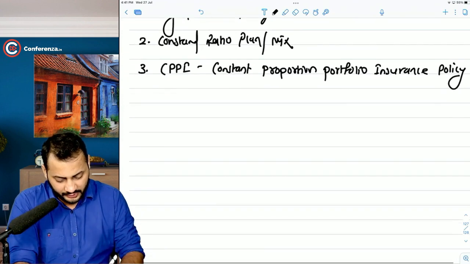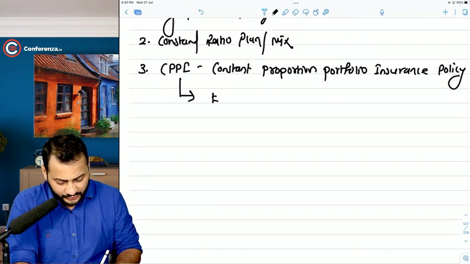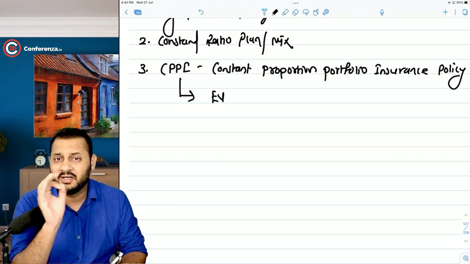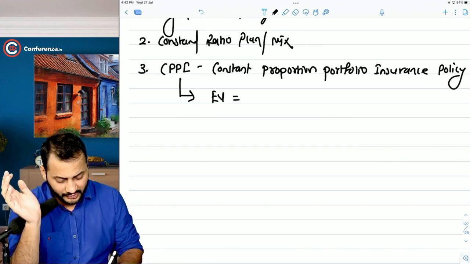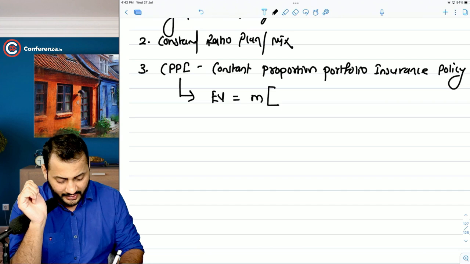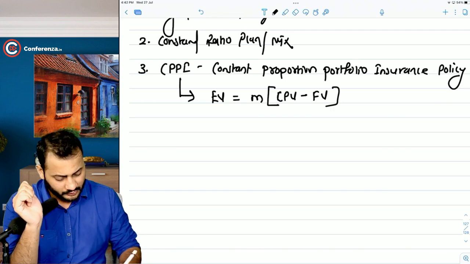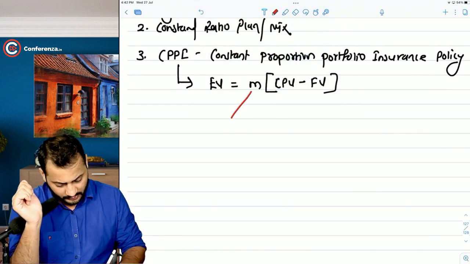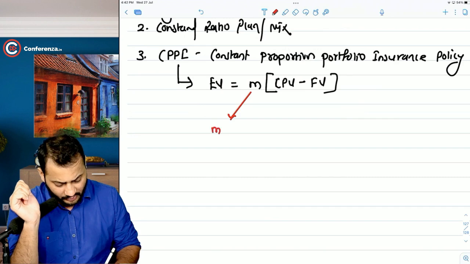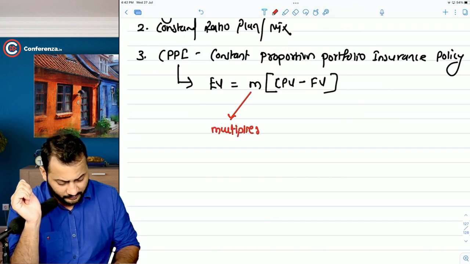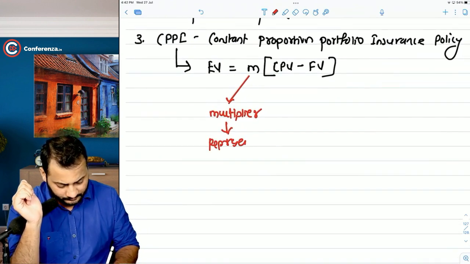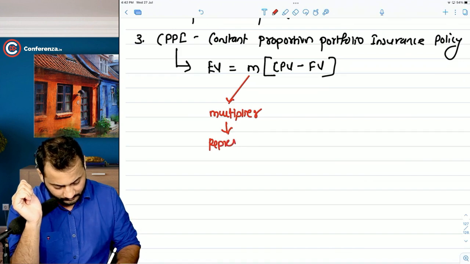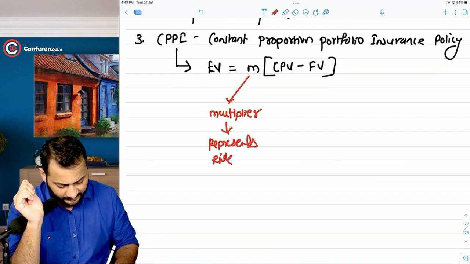Now what happens according to this is, this policy specifies what should be the equity value in the portfolio at the time of rebalancing. According to this formula, the equity value should be the multiplier, in bracket, the current portfolio value minus floor value. Now please give me an opportunity to explain. This is called the multiplier, and this will be given in the question because this represents the risk factor.